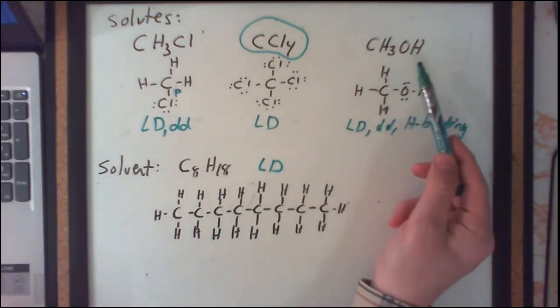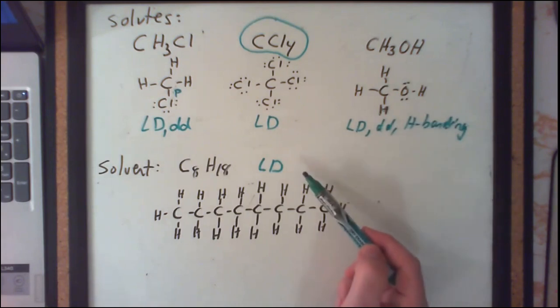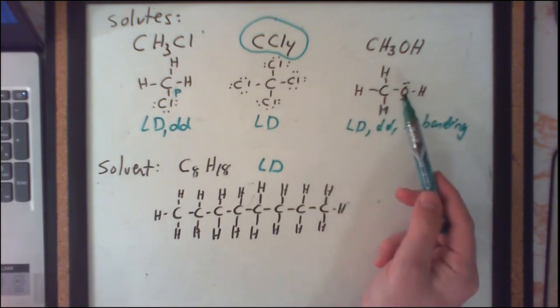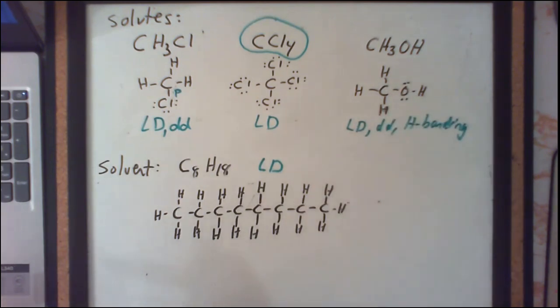Conversely, CH3OH, because it has the worst match, we'd expect that CH3OH would be the least soluble in C8H18. So we can use this idea of like dissolves like. A polar solvent more easily dissolves a polar solute. A nonpolar solvent is more likely to dissolve a nonpolar solute.